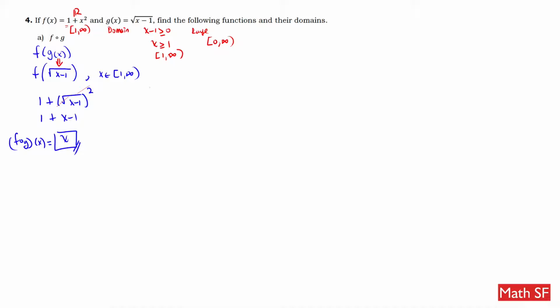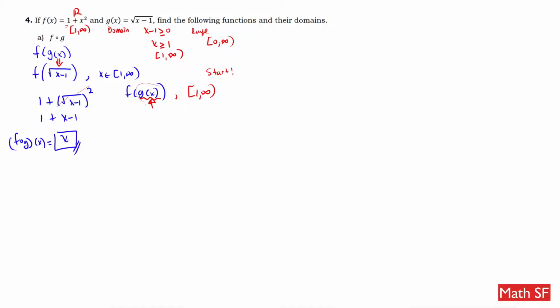But the hardest part now is how to find the domain and the range. And we were kind of talking about this. Whenever you're doing this, let me overview, let's do the same thing. So f of g of x. Whenever you're inputting this g of x, g of x has a domain of 1 to infinity. So we're restricting your domain so far. Your domain should start with this part here.